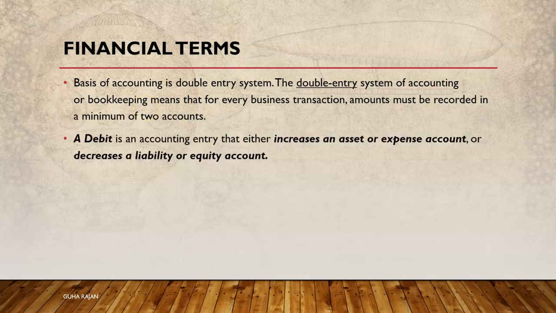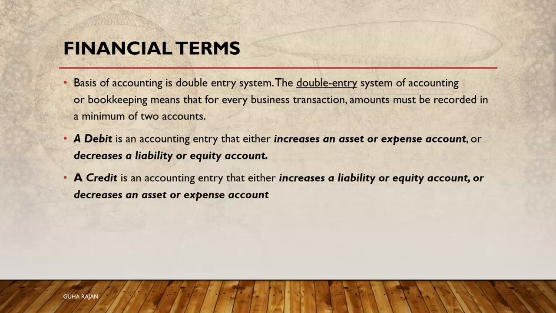There are various rules, but I'm not going into the rules. Generally, a debit is an accounting entry that increases an asset or expense account and decreases a liability or equity account. So it increases the asset when you purchase; if it's a company and you purchase machinery, the machinery account is debited.